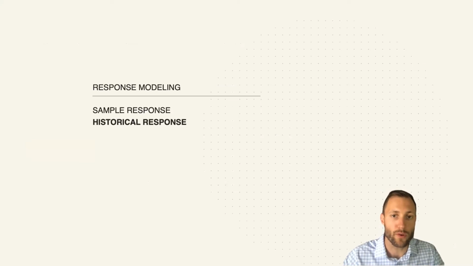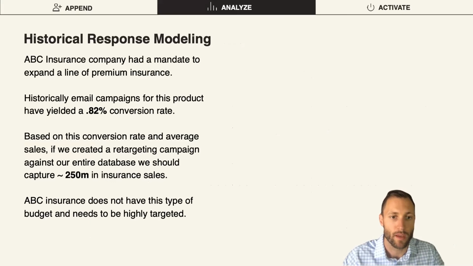Okay, so what if you actually have historical data? How can you leverage that to estimate how much money you can make in a campaign or effectively target the right people? So ABC Insurance, they have a mandate to expand a line of premium insurance products that has pretty low conversion rates historically, a little bit less than 1%.